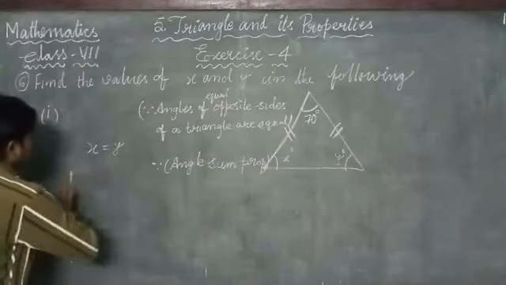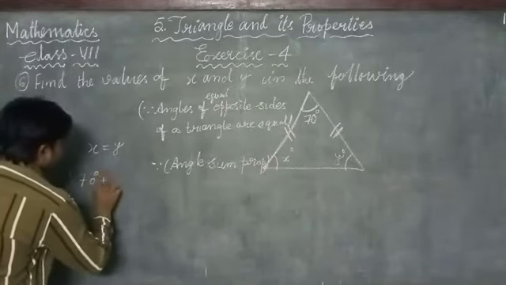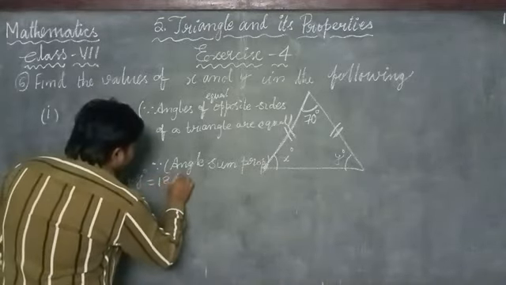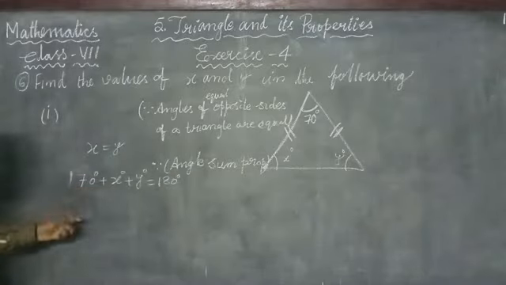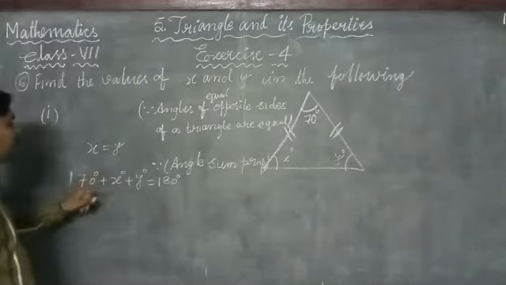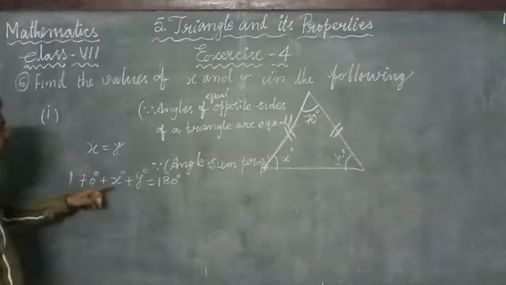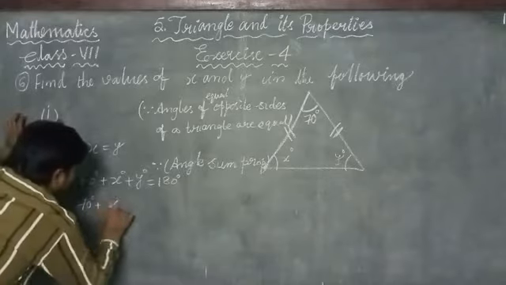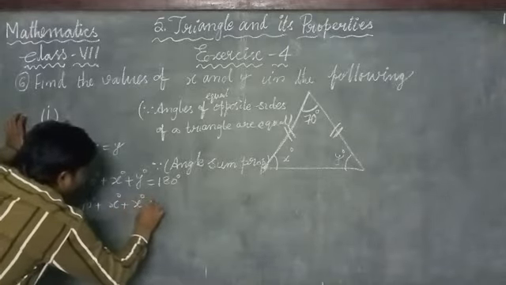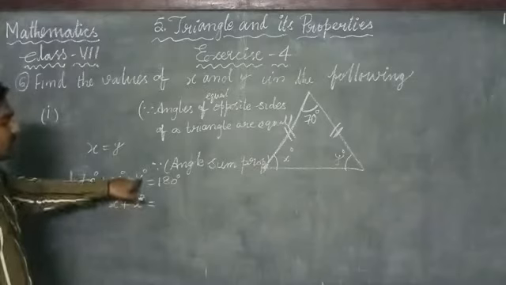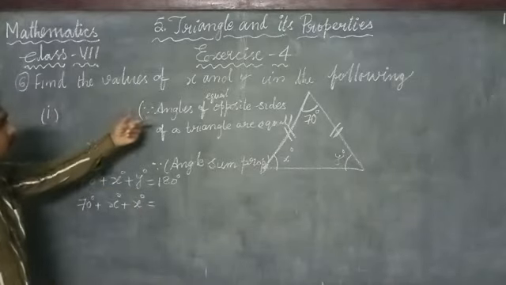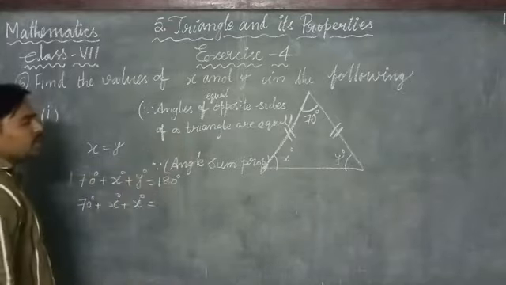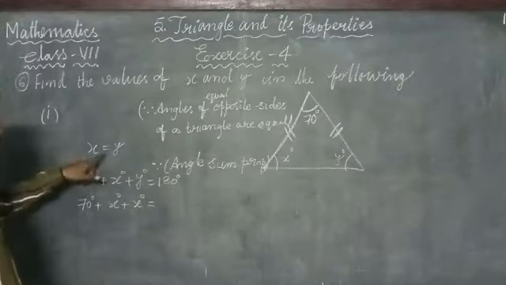Then 70 degrees plus x degrees plus y degrees equals 180 degrees. Here we can substitute x in the place of y, because the angles opposite equal sides are equal in an isosceles triangle. From that property we can write x equals y.